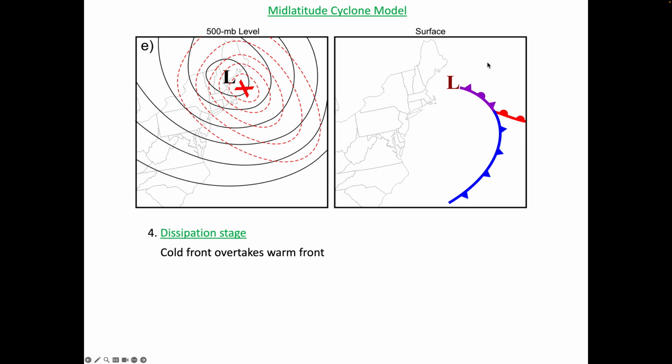The surface low is surrounded by cold air now, which we then see by these closed circular isoheights surrounding our upper level low, which marks the location of the lowest 500 millibar heights, which means that this is where our coldest columns in terms of average temperature are located. Remember that upper level lows mark where the coldest mean temperature of the columns are located. So now the surface low is surrounded by cold air, the warm sector is squeezed off to the south and the east, and the merge boundary basically will show us this occluded front.